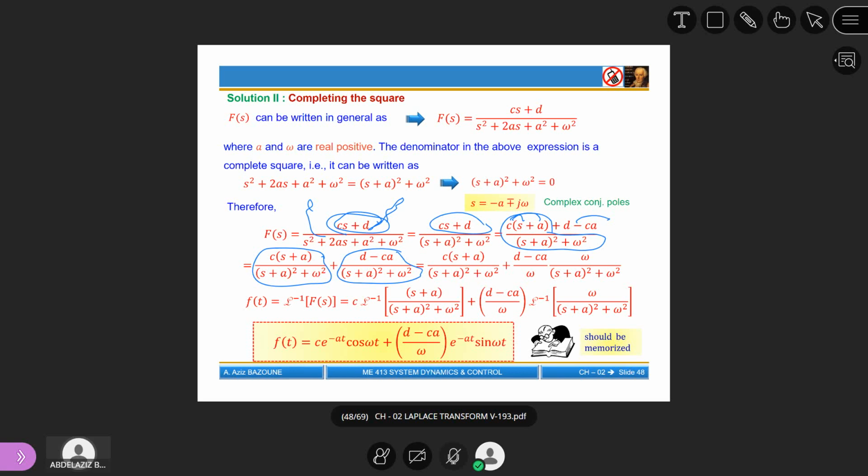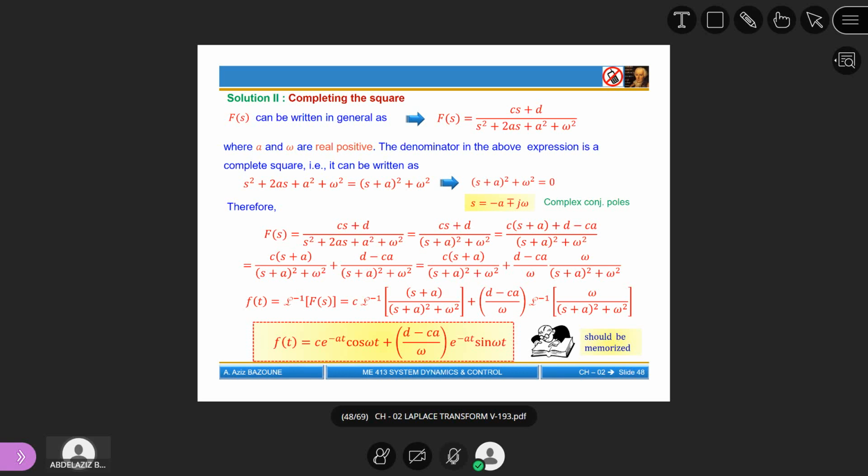So we can do it this way: CS plus A, this one, plus this one. Because I have this term here, I want to bring it to a form that I can recognize.